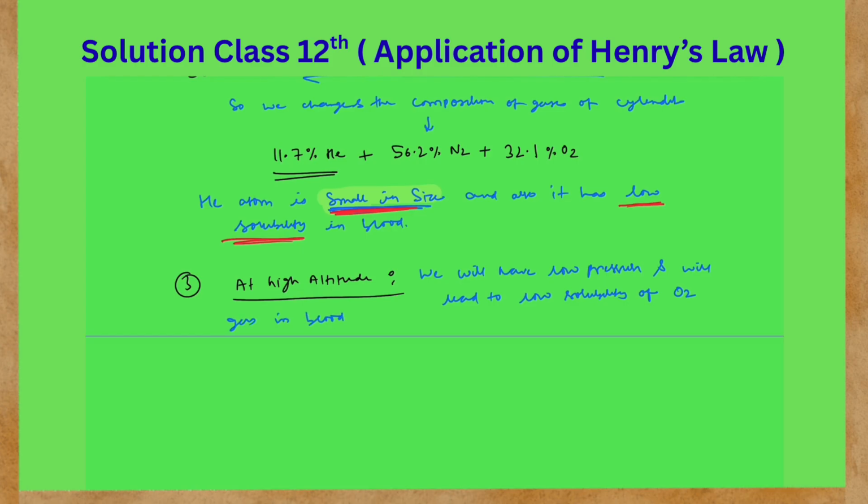This causes starvation, and it causes less supply of O2 in cells and tissues. So the person is unable to think or work. This problem is known as anoxia.